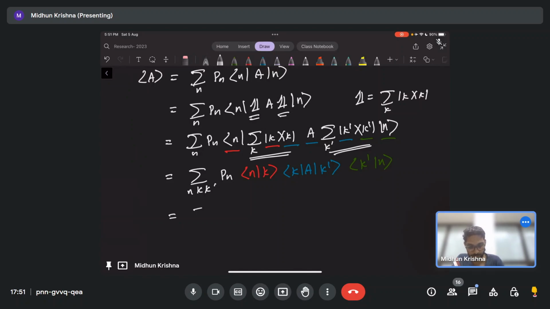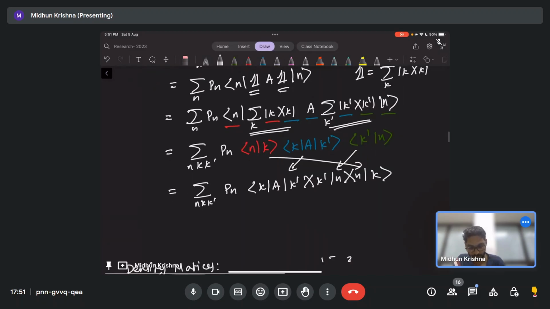I can write the sum over n, k, k prime of Pn, then k A k prime, which came from here, then k prime n, which came from here, and then n k, which came from here.